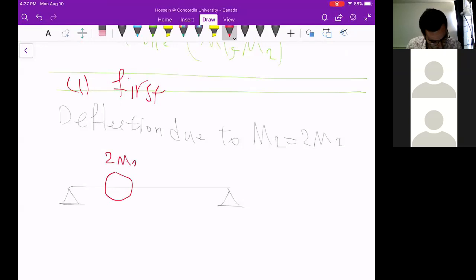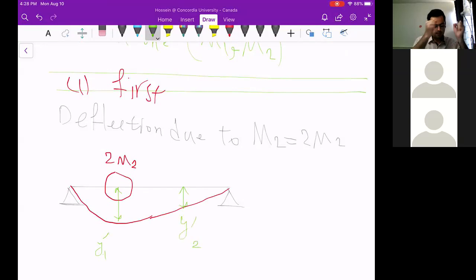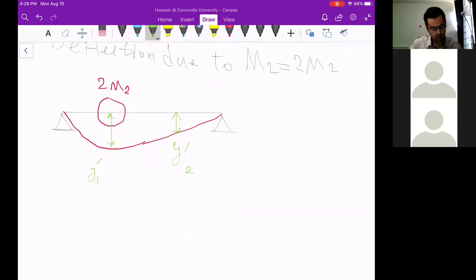Suppose this is the deflection due to only these masses, and let's call these lengths y prime 1 and y prime 2. So the first mass can affect the deflection both at point 1 and 2. You have the formula, you could easily obtain the corresponding deflection.